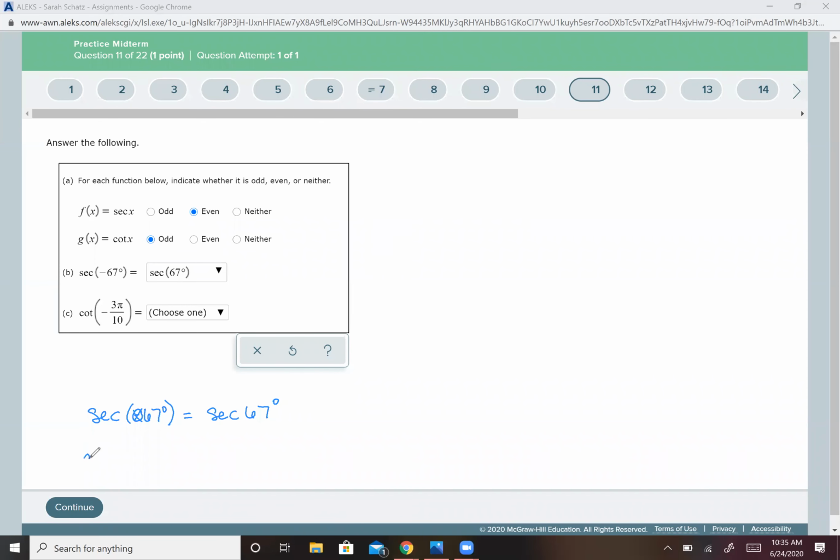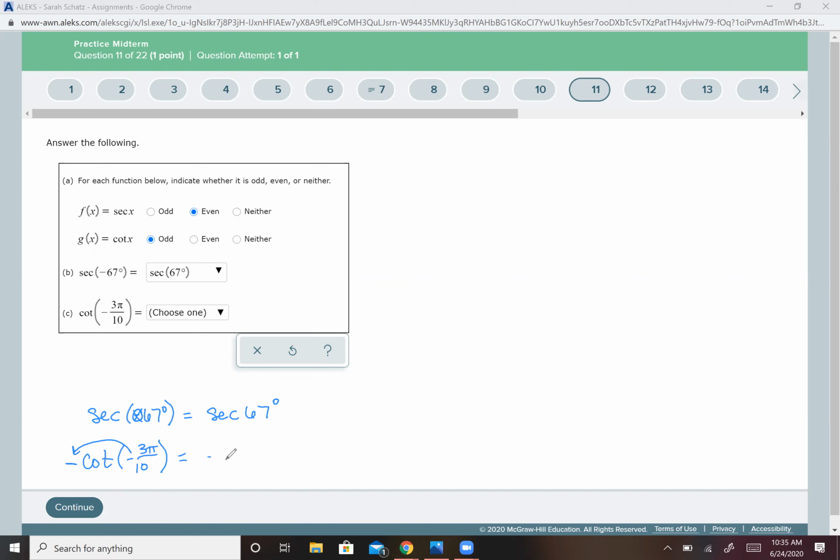But what about cotangent? Cotangent is an odd function. So when you have a negative in your input angle and you're dealing with an odd function, you can't just make the negative disappear like the even. With the odd, you can take it out though. You just have to stick it in the front.